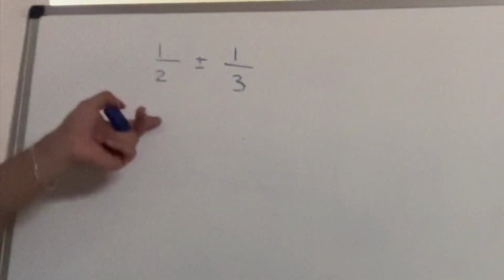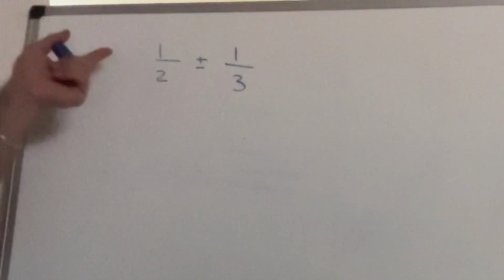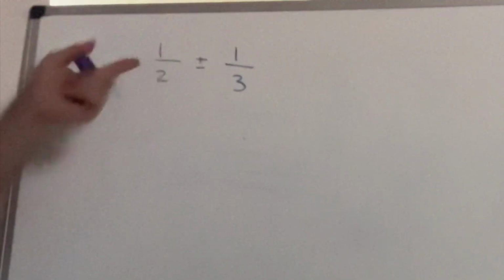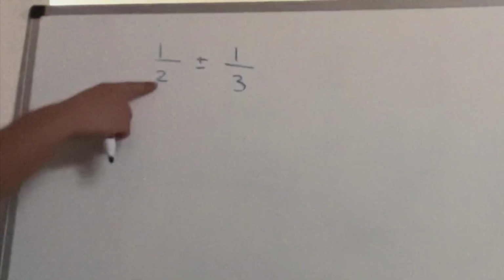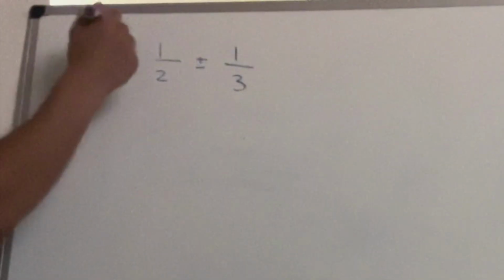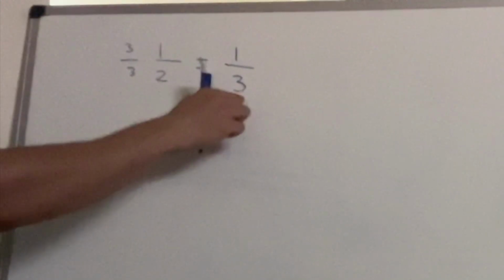So the denominator of each fraction must be the same. To do this, you have to multiply both fractions by a number to get them the same. So this one you have to multiply by 3 over 3, and this one you have to multiply by 2 over 2.